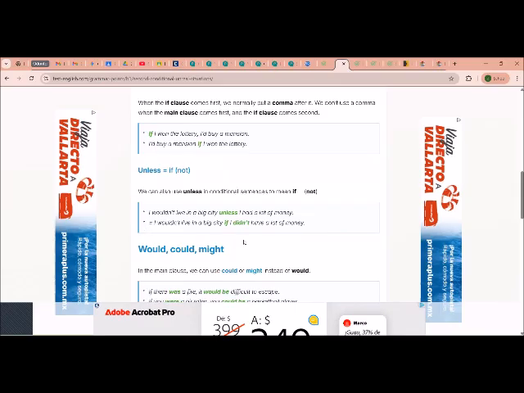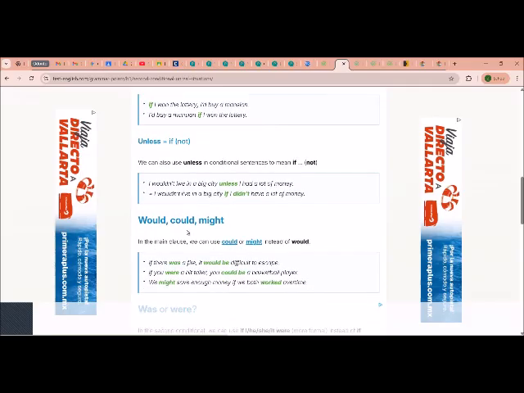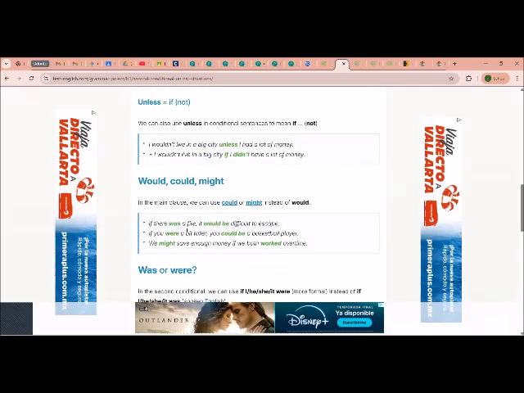Same is true. We're talking with the past simple, and our results will be would or would not plus our verb. And just as before, if I'm thinking about changing the meaning or the level of possibility in my result clause, I can change my modal.